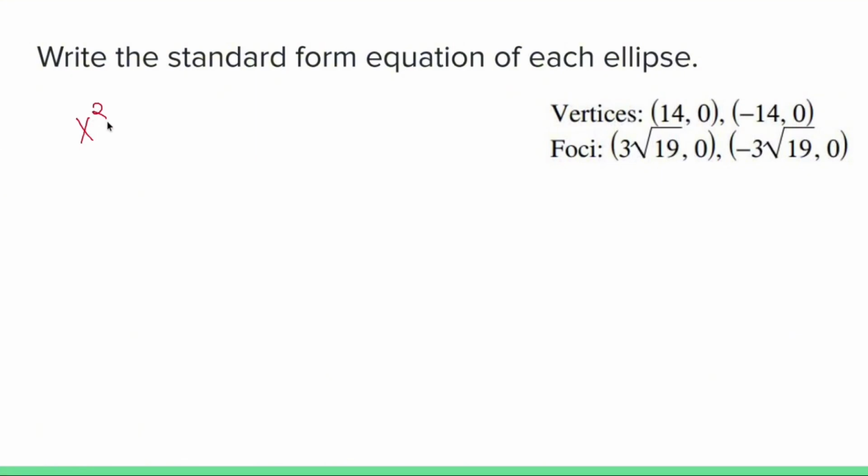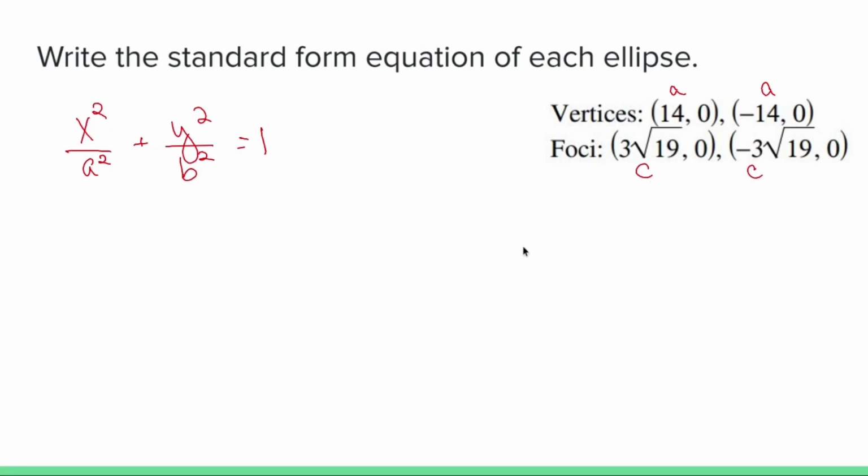That's the equation x squared over a squared, where a squared is the bigger number, plus y squared over b squared equals 1. You are my a. Okay, you are my c.